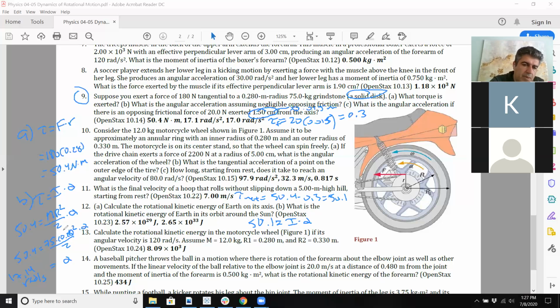The inertia is 75 times 0.28 squared divided by 2, so that inertia is 2.94. If I do 50.1 divided by that, I do get 17.04.